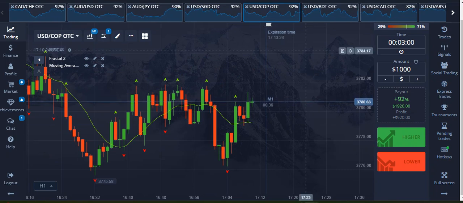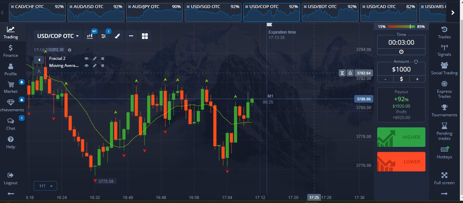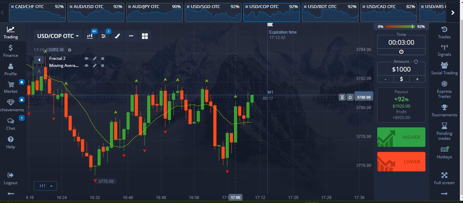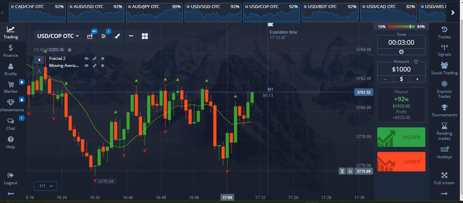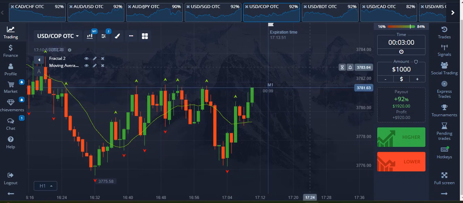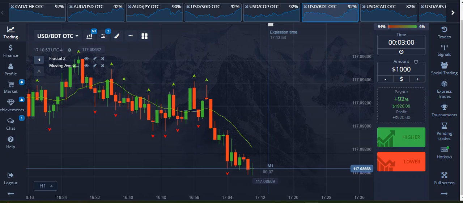Here's something that might be interesting. Let's see if we can get a green fractal to form. Takes a little bit of patience. Oh, wait, no. The green fractal already has formed here. This is a red, this is a fractal. This fractal formed after. So let's find another pair.